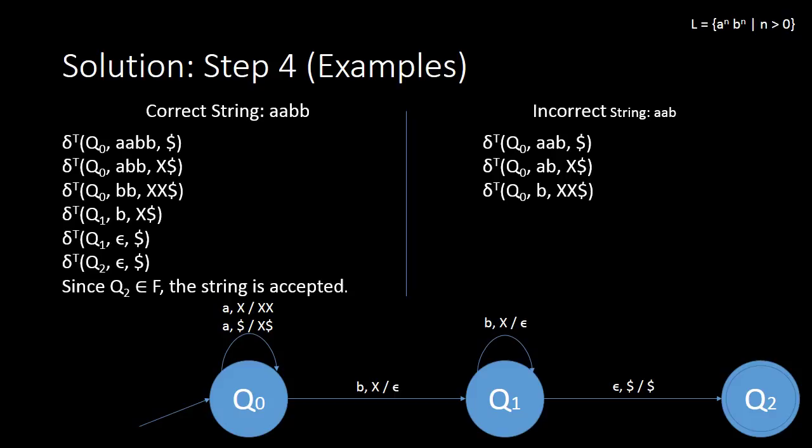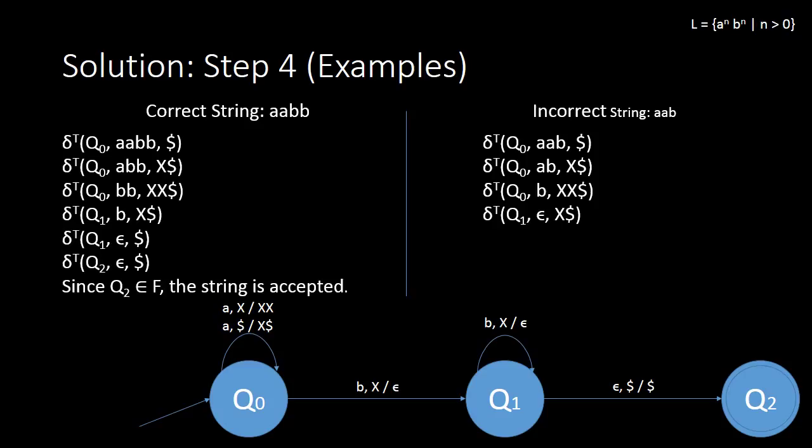Now with B and state Q0 and stack top as X, we must pop. So the stack becomes X dollar and the remaining string becomes epsilon and the state is Q1. Notice that there is no such rule which is for this combination of inputs, that is state Q1, the string epsilon and stack top as dollar.